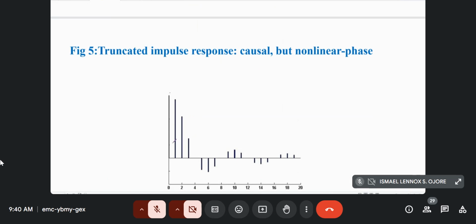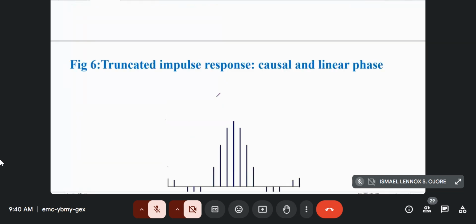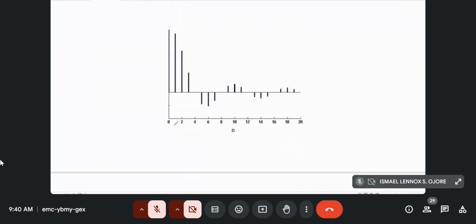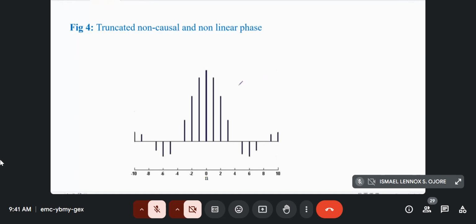This is causal but non-linear. This is causal and non-linear. Non-causal and non-linear.